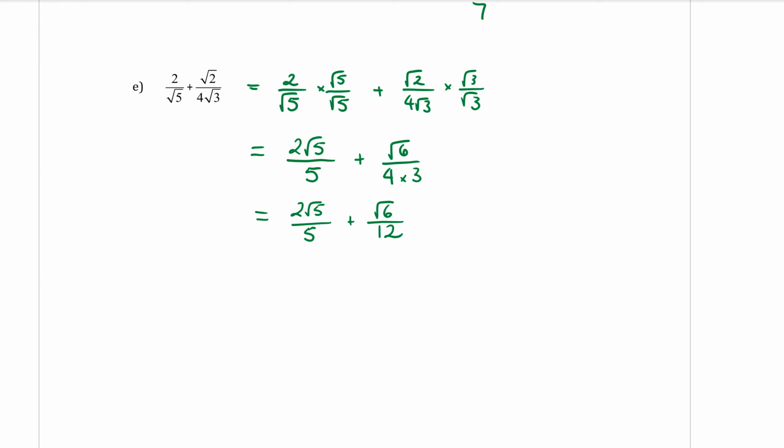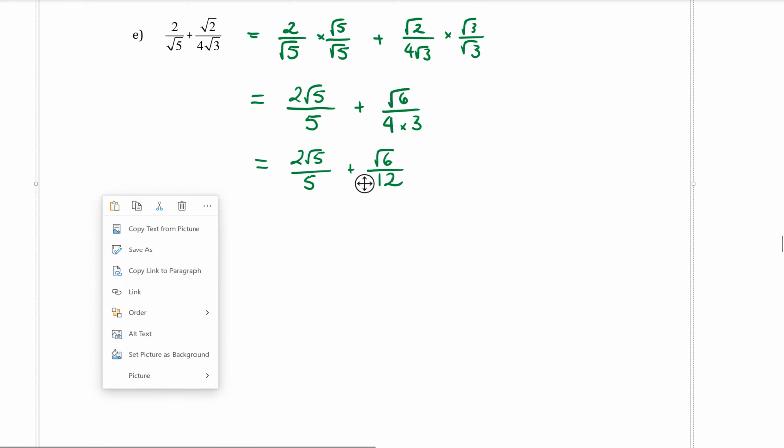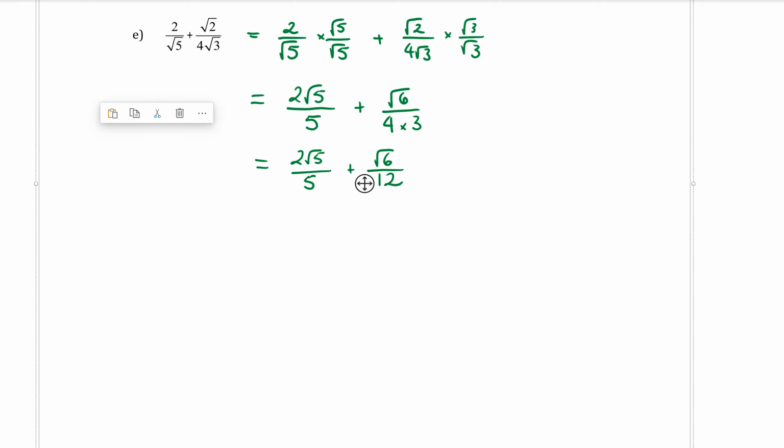Now that I have nice whole numbers on the bottom of my fractions, I could add those two fractions together, which would be better, wouldn't it, than having two fractions. We're trying to simplify here. So I want to get a common denominator. The easiest way to do that is to times 5 by 12, which is 60. Then I need to adjust my numerators, so I'm going to multiply diagonally. 2 root 5 times 12 is going to make 24 square root 5.